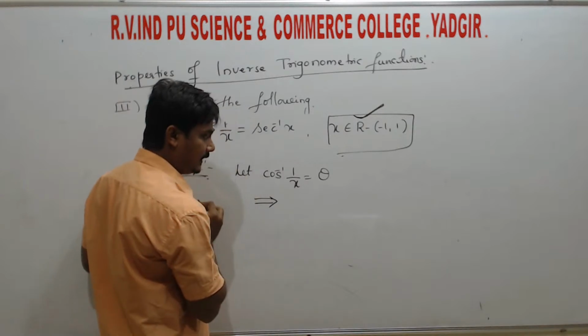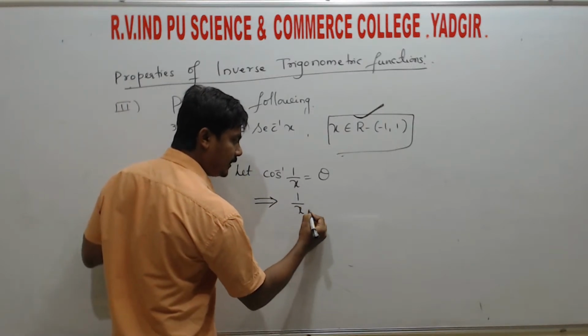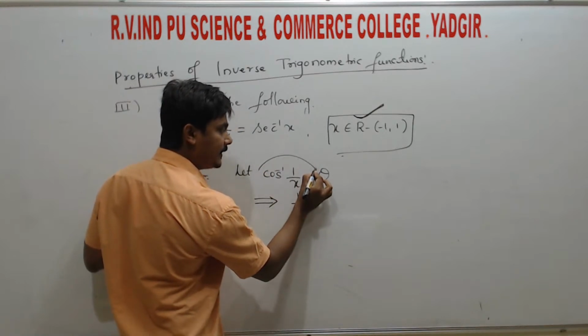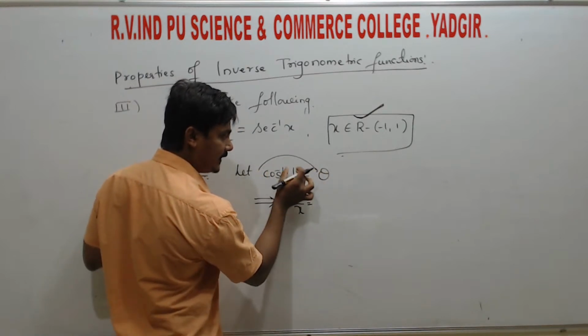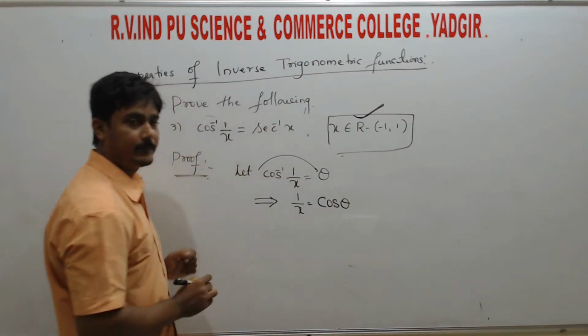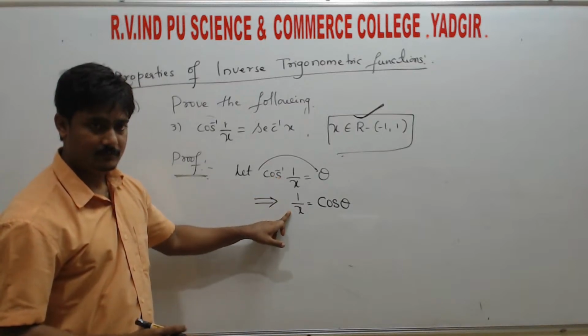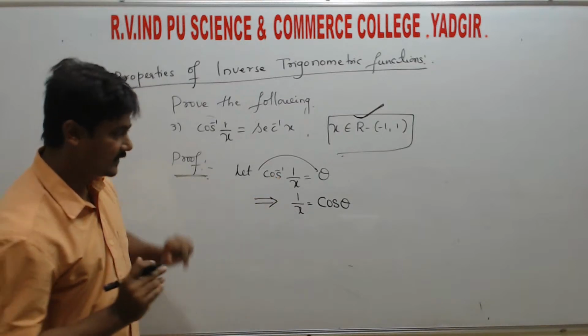This implies, according to the definition, 1 by x equals cos theta. This is according to the definition of the inverse cosine function.